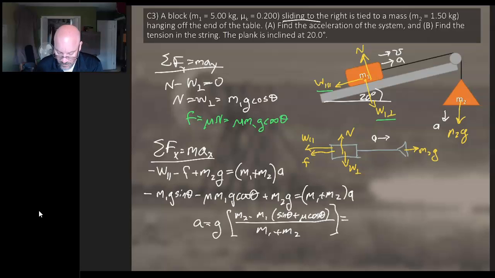Let's put in some numbers here. We've got 9.81 meters per second squared. It's going to get a little messy here.